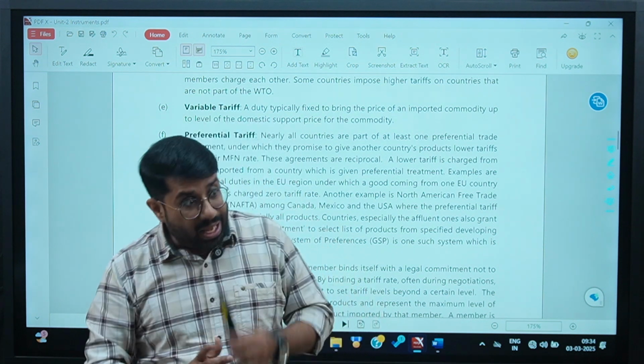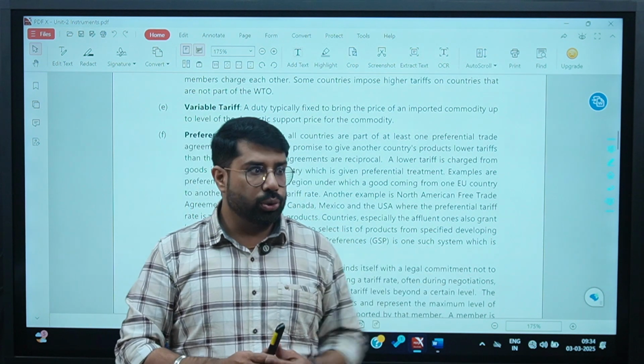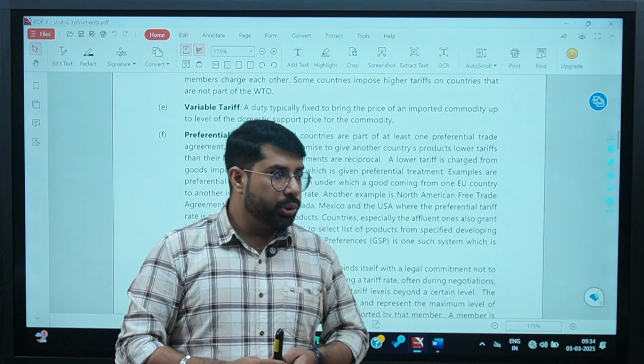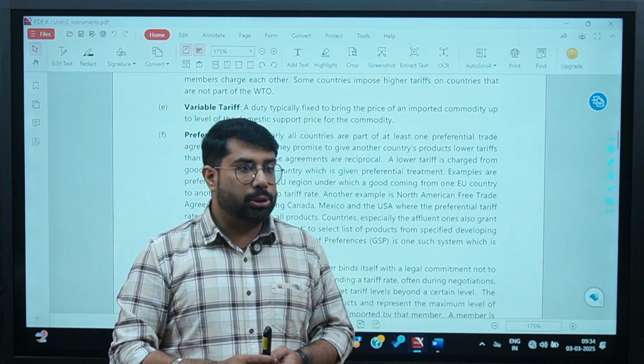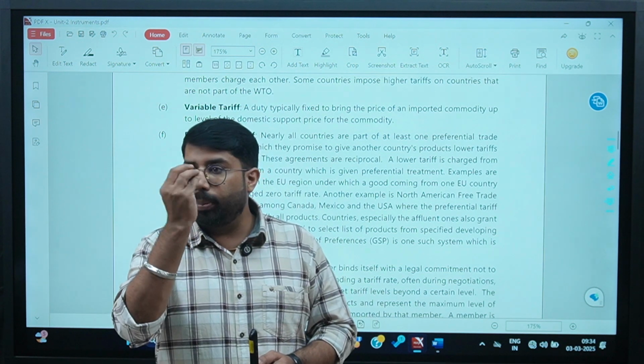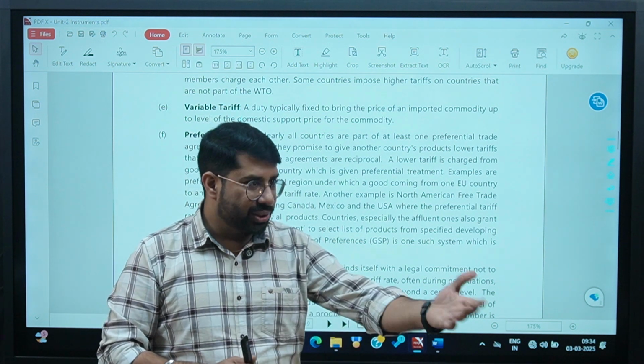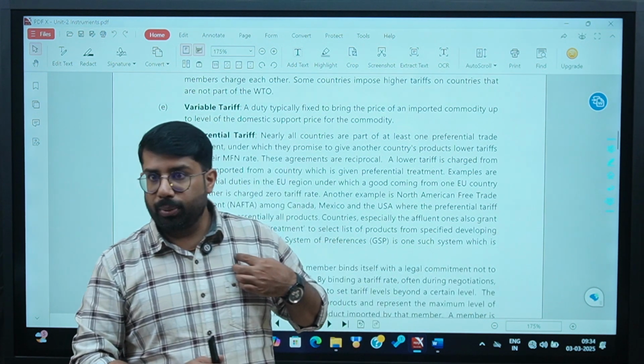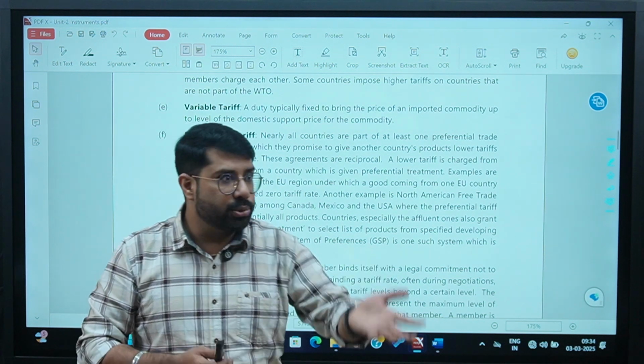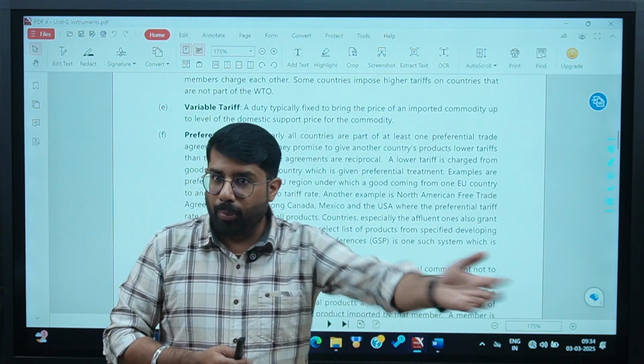But when the other country produces the same commodity, it is spending only 5 rupees to produce one unit. Sir, 4 times the cost. 5 rupees and 100 rupees, sorry, it is 20 times the cost. My bad. Right?